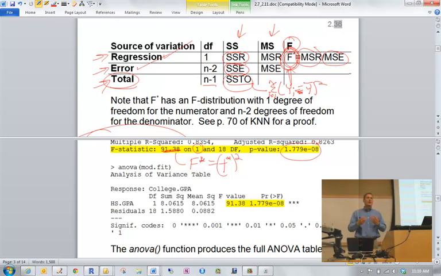This is called an ANOVA table. All of you should have seen an ANOVA table before you came into this class. It's a topic that's taught in 801. But this is what it looks like in a regression context.